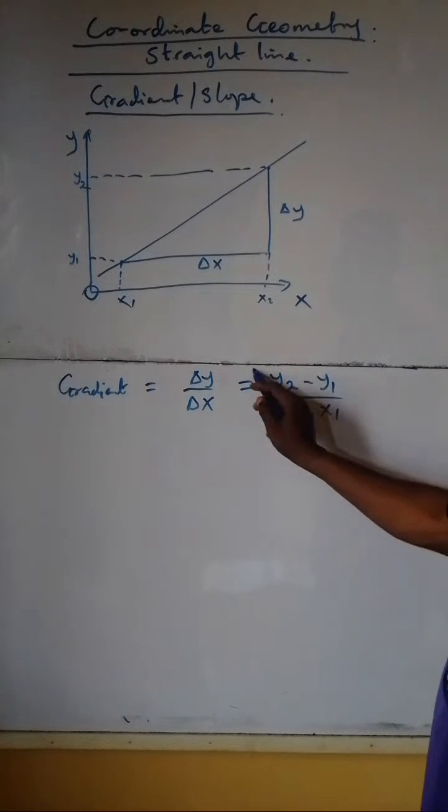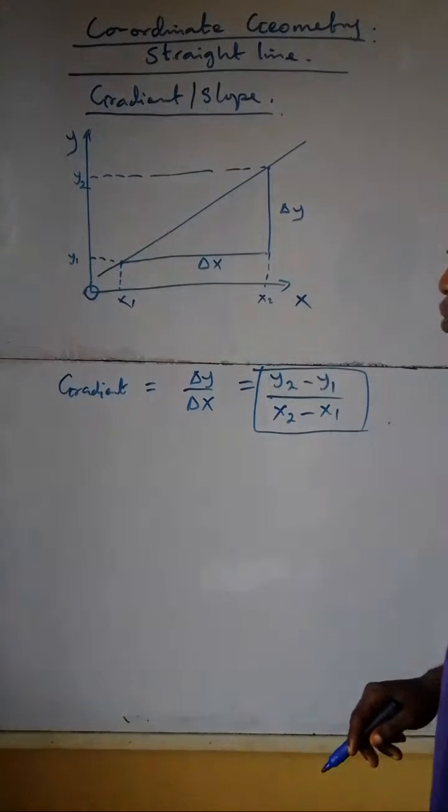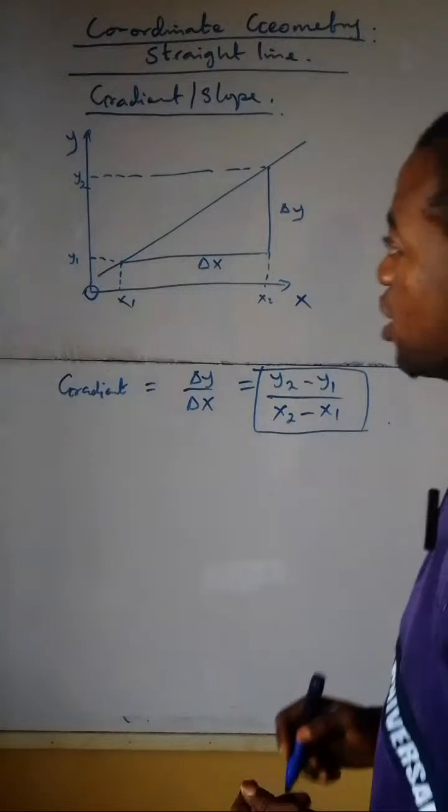So here we have the formula for gradient or slope of a particular line.